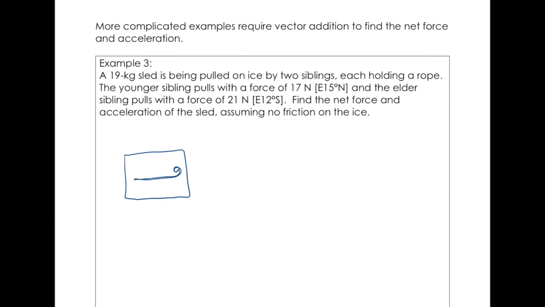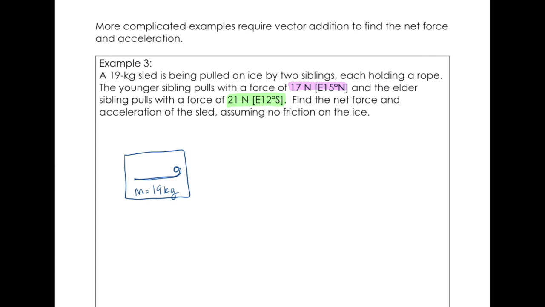It has a mass of 19 kilograms. Then we'll label each of these. This will be our first force by the younger sibling, and then we will have this as our second force for the older sibling.